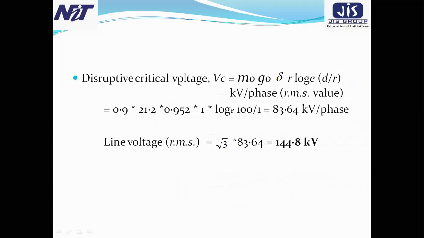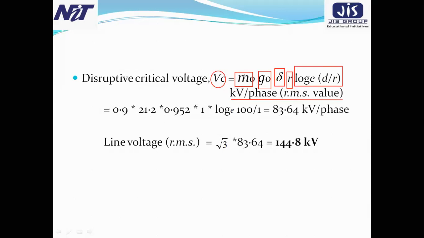So it is the disruptive critical voltage. We can consider the disruptive critical voltage as Vc. We know the equation from the first lecture. Can you remember the equation? It was Vc = M0 G0 delta r log d by r to the base e, and the unit is kilovolt per phase RMS value.